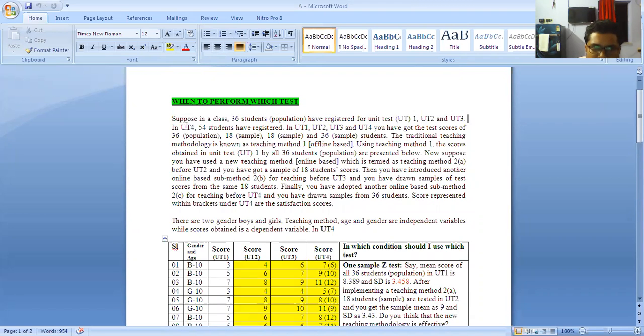But in unit test 4, 54 students have registered.